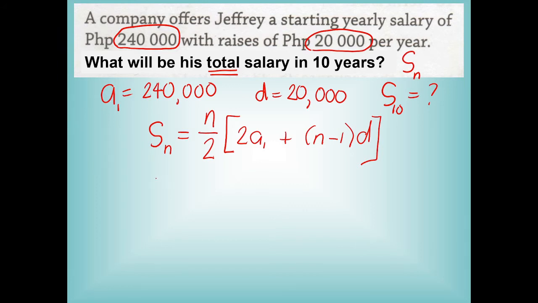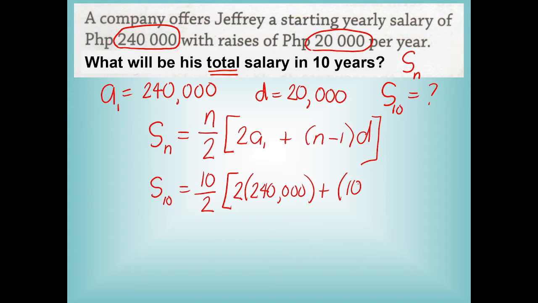So substituting everything, this is S sub 10. 10 over 2. The first term, which is 240,000, plus 10 minus 1 times the common difference, that's 20,000. Let's solve this. We will get how much for this? 5. Multiply 2 and 240,000.